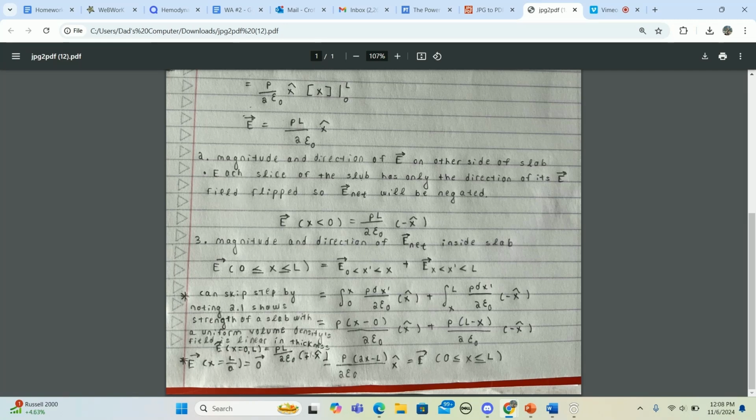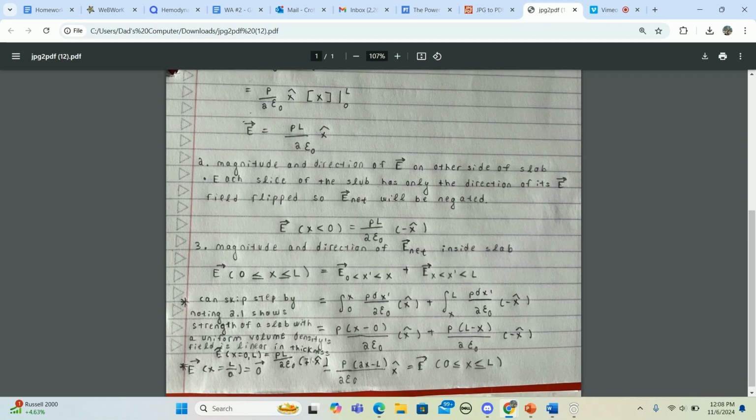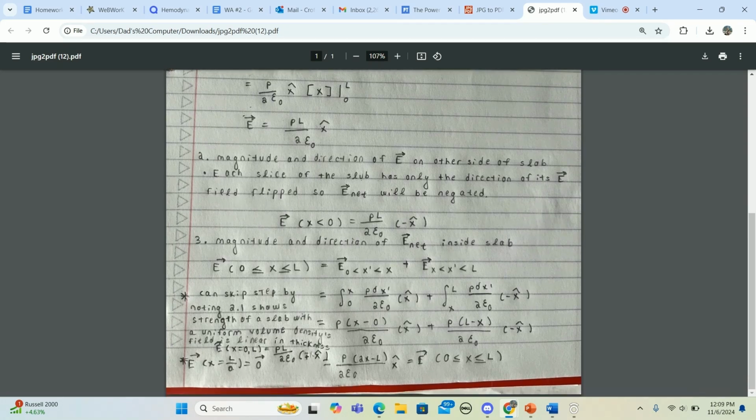Basically, each slice of the slab has only the direction of its electric field flipped. So that means the net electric field, or the integral, can be negated. Thus the electric field here is the same magnitude as the net electric field, but in the negative x hat direction.